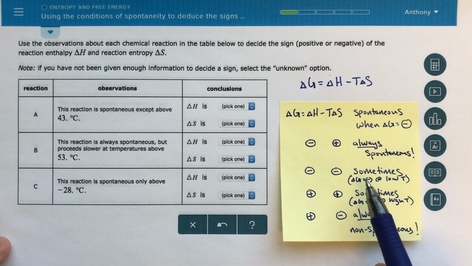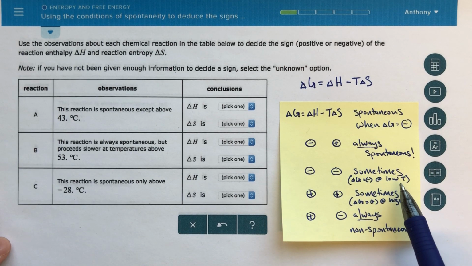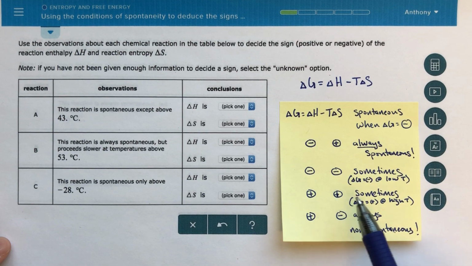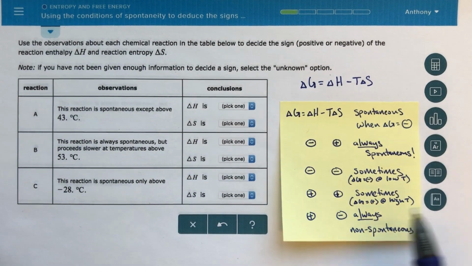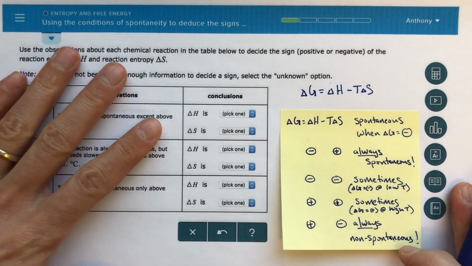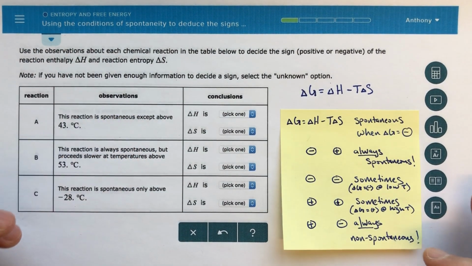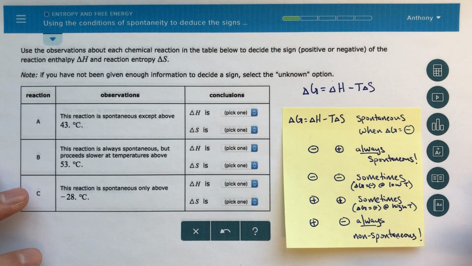It says sometimes, and that means when delta G is negative at low temperatures, and then here, if it's positive, delta G is negative at high temperatures. So we'll talk more about that as we get into our example. Again, I'm going to do two different versions of this problem to get us exposed to a variety of different questions. But let's go and get started.